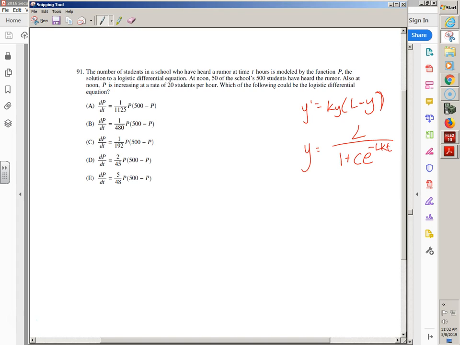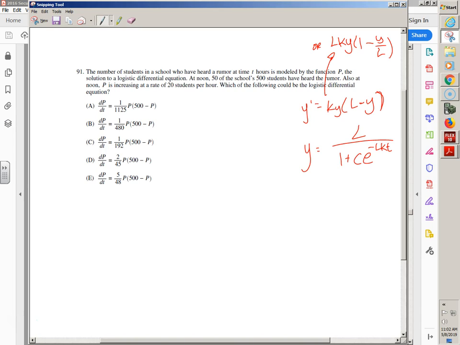That would be 1 minus y over L, and the L is out there, LKy. Yeah. There it is. Okay. Anyway, that's just like forever endeavor, let's say.